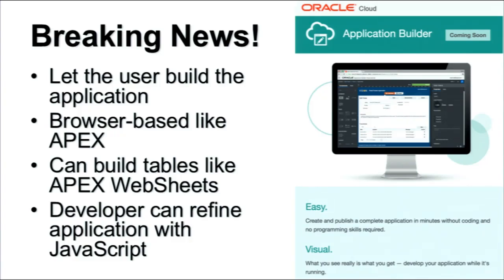So we're going to be using Application Builder Cloud Service, and it's browser-based like Apex. You build the whole thing in a browser, you don't install anything, and the user can build tables. The user can just say, I have this data object called a customer, and it has this attribute that's a name, and Application Builder Cloud Service will somehow auto-magically create a table for you.